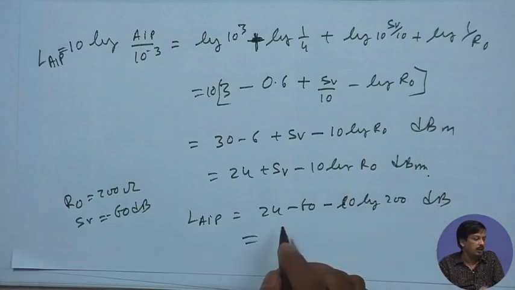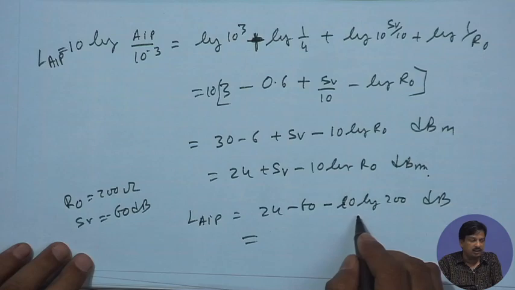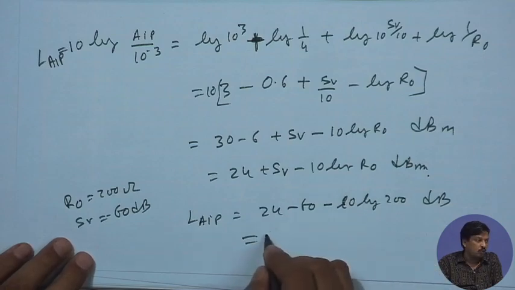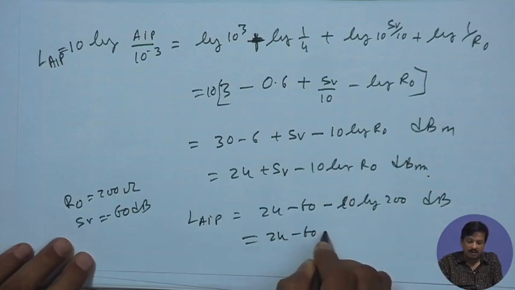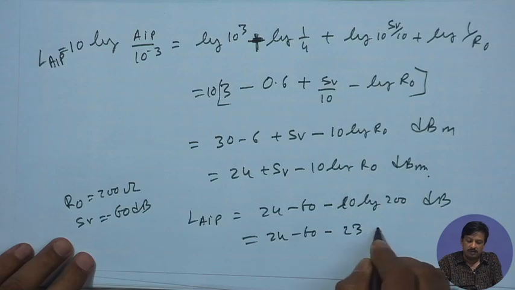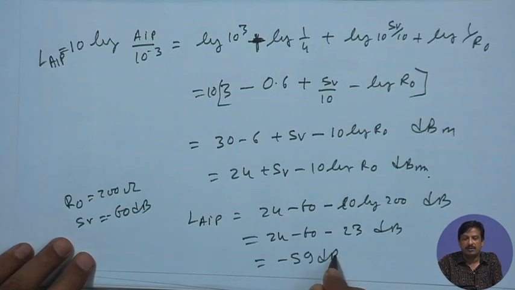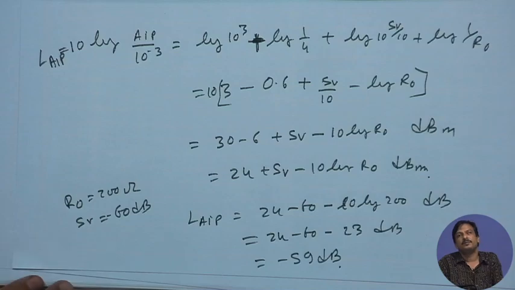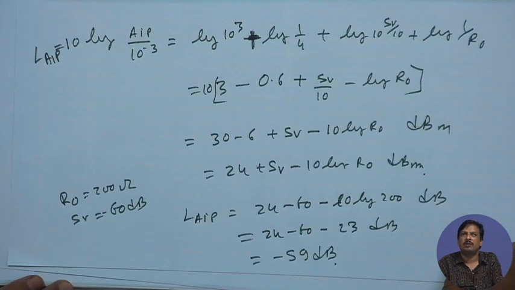The value of 10 log 200 is nothing but 23. So, it is 24 minus 60 minus 23 dBm, which is minus 59 dBm. Okay. So, LAIP you can calculate.